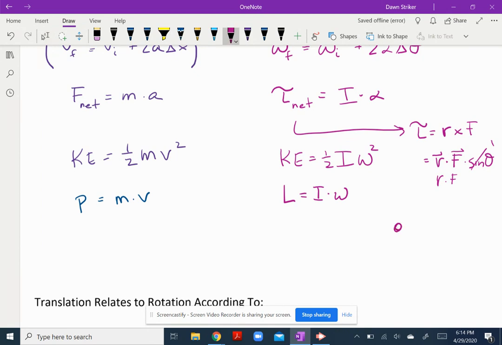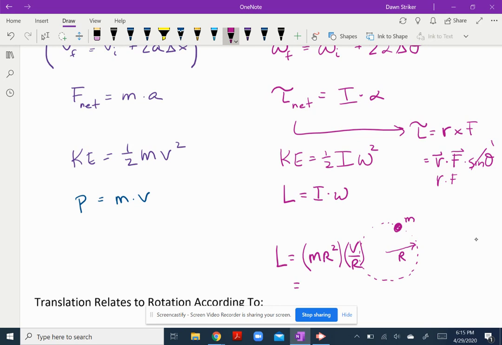For a point mass that's moving in a circle, and this might be a satellite or a moon or a planet, or it could be a little rubber stopper that you're swinging around your head. If this has a mass m and a constant radius r, and it's moving in a circle, the angular momentum is equal to its moment of inertia, which is m r squared, times omega, which is v over r.